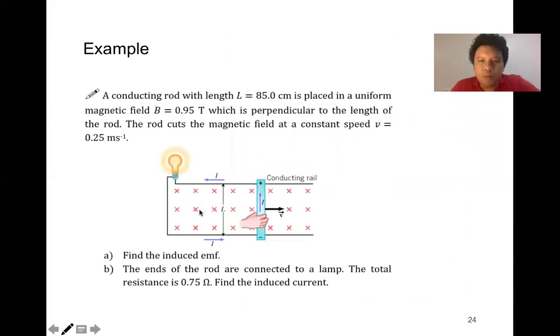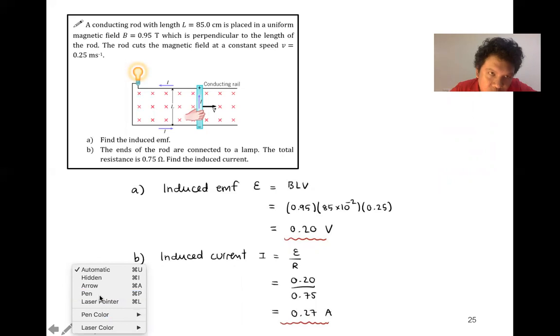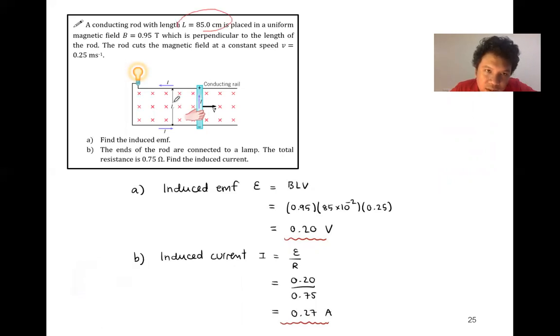Let's consider this example again. This example gives you the conducting coil with length L, placed in a uniform magnetic field B. They already give you this length and B, and the rod that cuts the magnetic field, this guy, moves with constant speed V. They already give the speed.